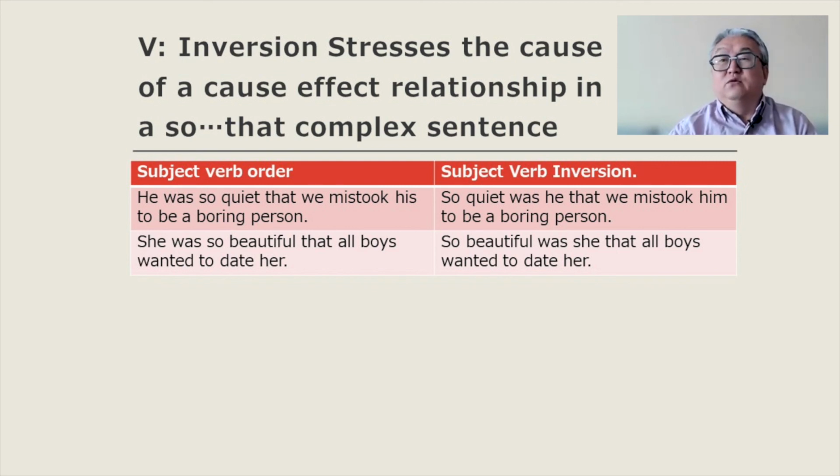This is a very simple one. Look at this sentence: he was so quiet that we mistook him to be a boring person. There's a so-that structure in that. If you start with the so structure, you go, so quiet was he that we mistook him to be a boring person. You start your sentence with so, and then you have an inverted sentence.